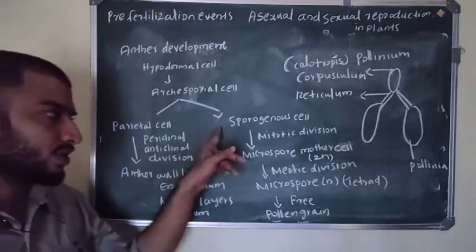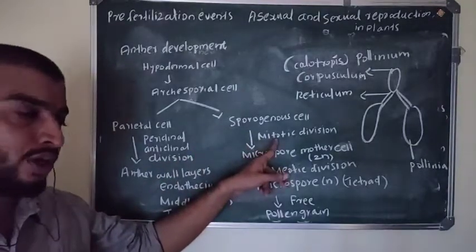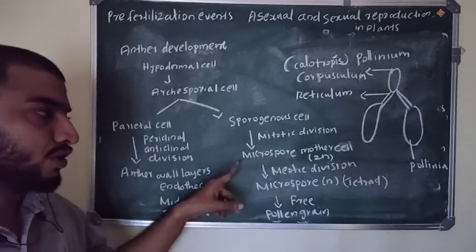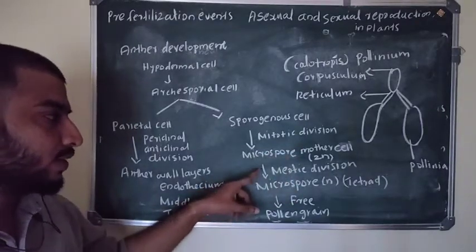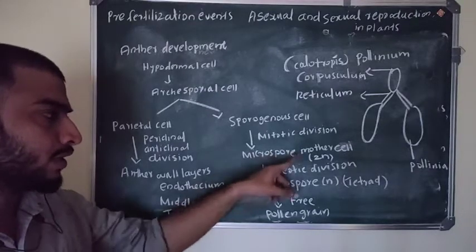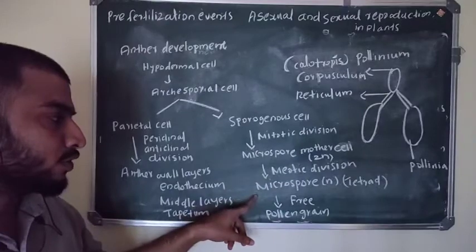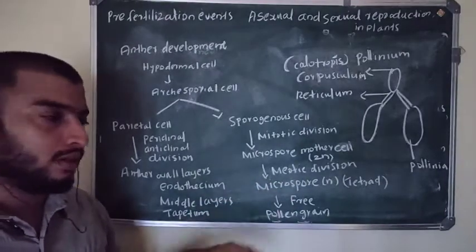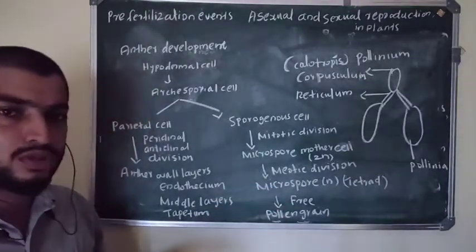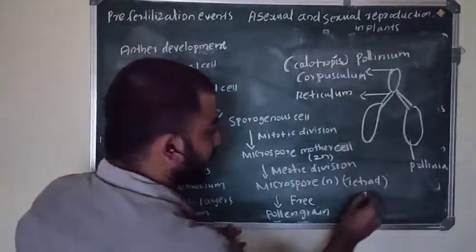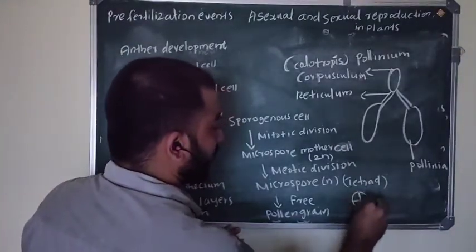Sporogenous cells undergo mitotic division and form the diploid microspore mother cell, which divides by meiotic division to form a microspore tetrad. Microspores are haploid, and they stand together like a tetrad.